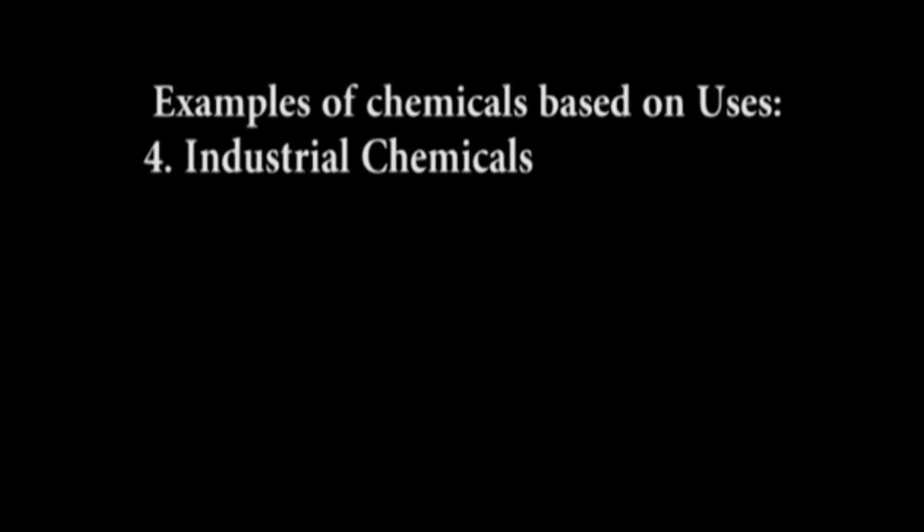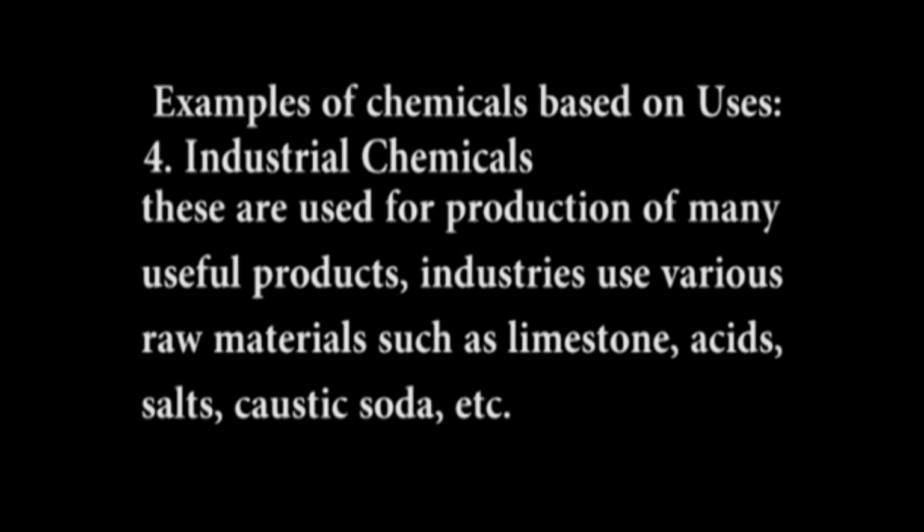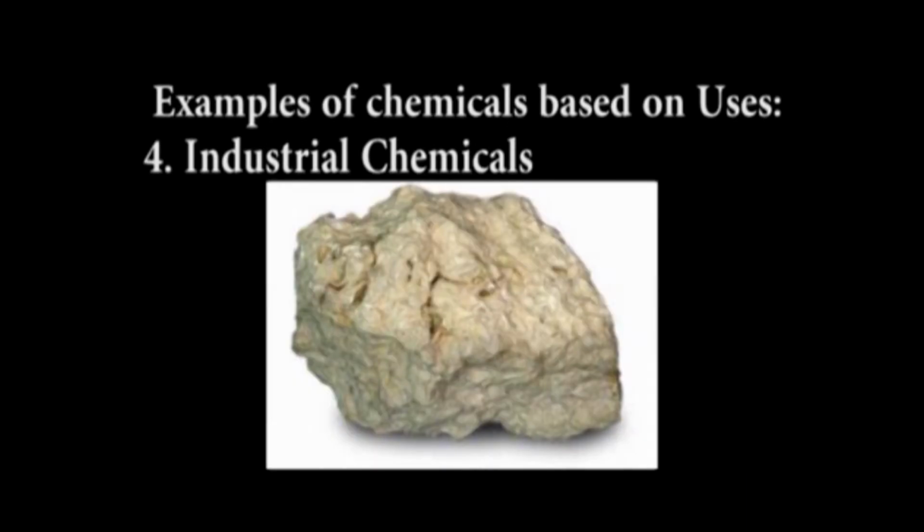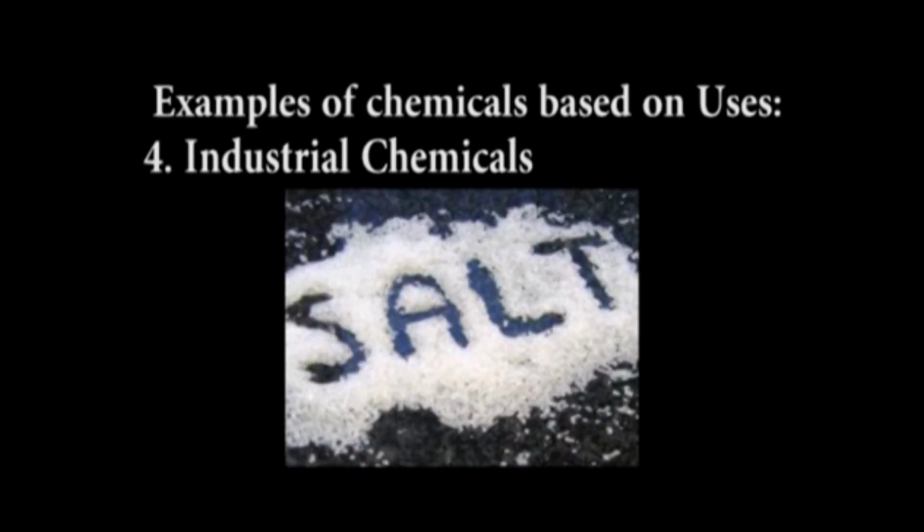Industrial chemicals. These are used for production of many useful products. Industries use various raw materials such as limestone, acids, salts, caustic soda, and so on.